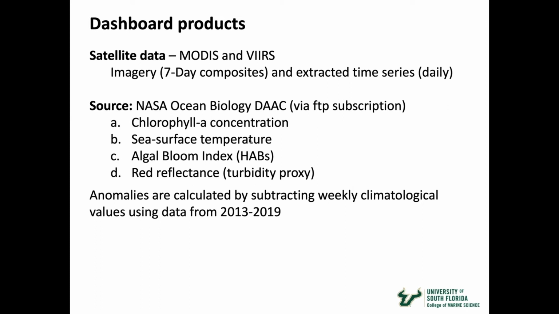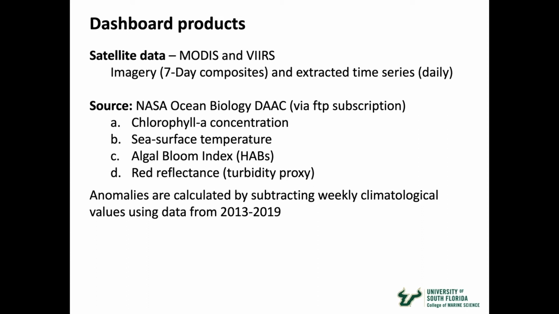So the source, we get our satellite data via subscription from the Ocean Biology Active Archive System. That's at Goddard Space Flight Center. The primary products we use are chlorophyll A concentration, which is a proxy or an estimate of phytoplankton biomass, sea surface temperature, and harmful algal bloom.